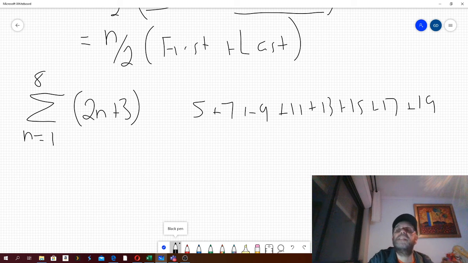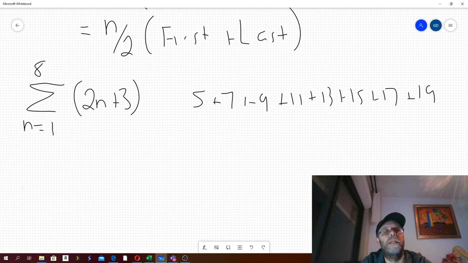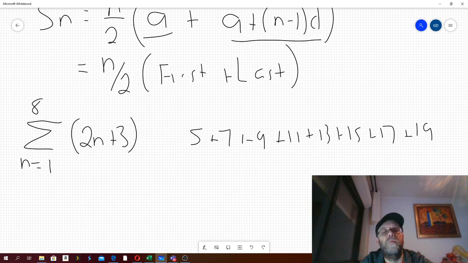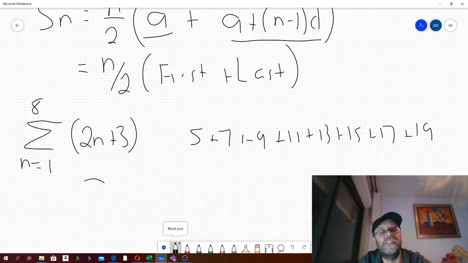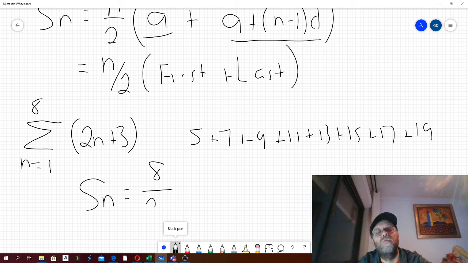Now, what would the sum of that expression be? Well, looking at my sum formula, which you've just seen just above, we know that there are how many terms in this sequence? 1 to 8, there's 8 terms. So the sum of the sequence would be 8 over 2.